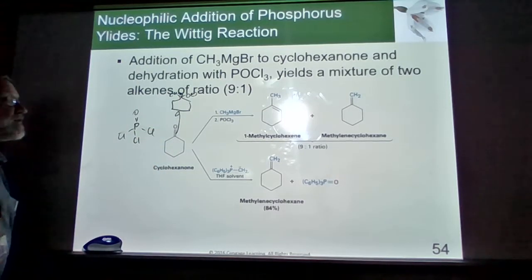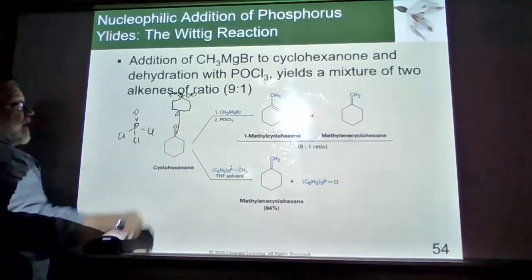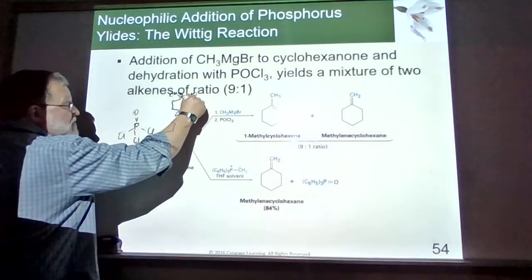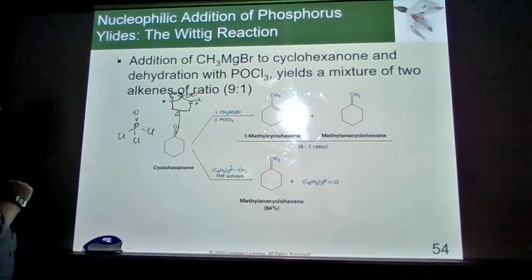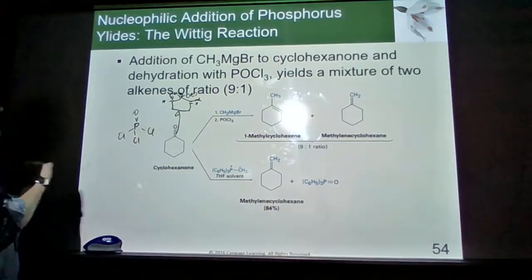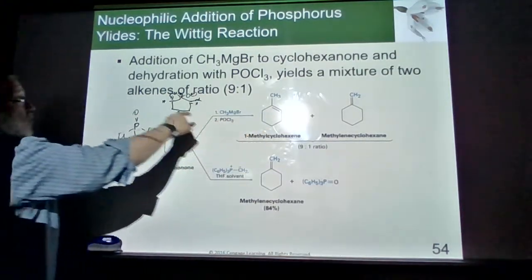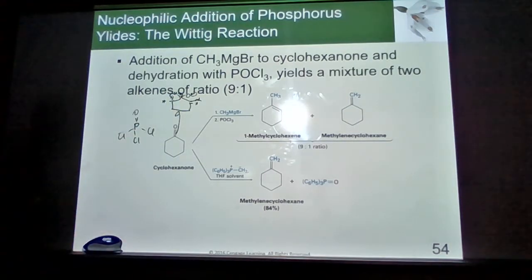Problem is we have two sites that we could eliminate from. We have hydrogens on adjacent carbons here and there. They could eliminate to give you the double bond, or we could lose hydrogens here on this methyl group that's outside of the ring.